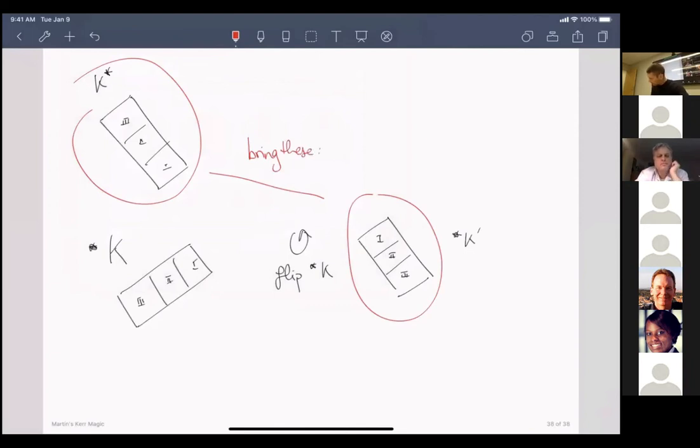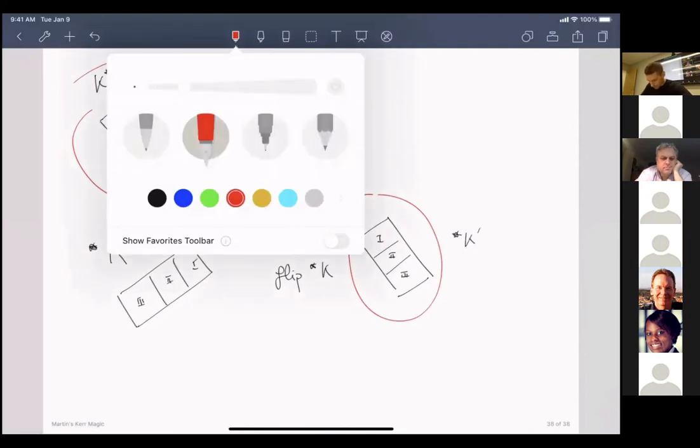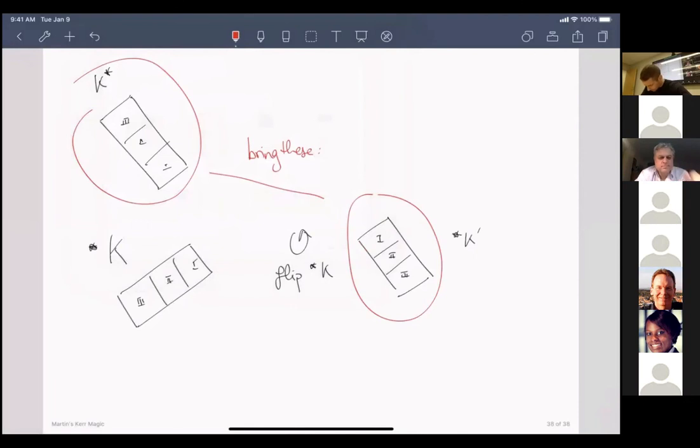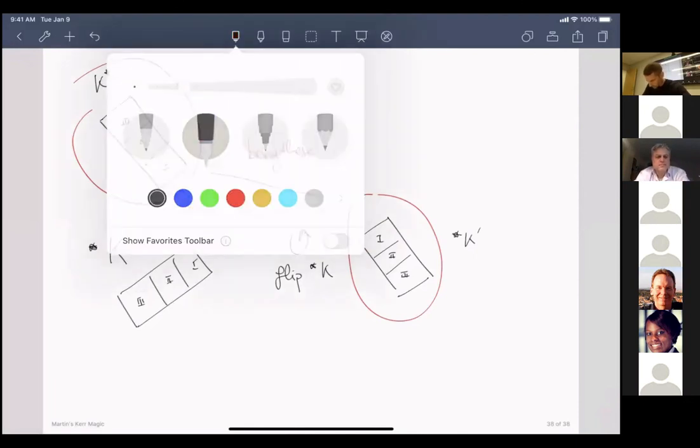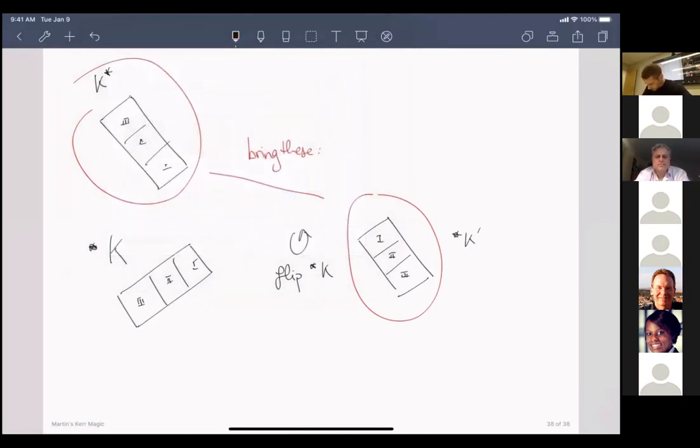And what that gives you is something like this. So you start out with Kerr star. Okay, let me draw this a bit better. This is Kerr star.